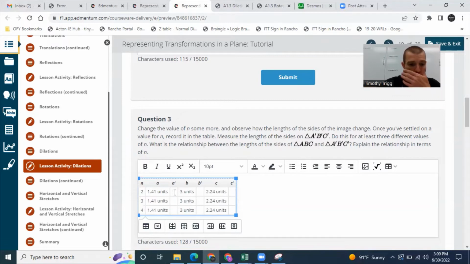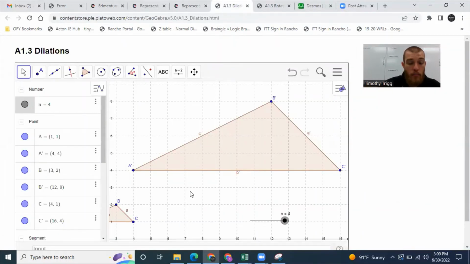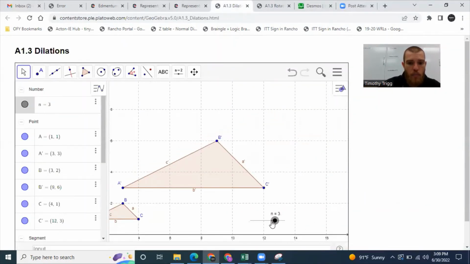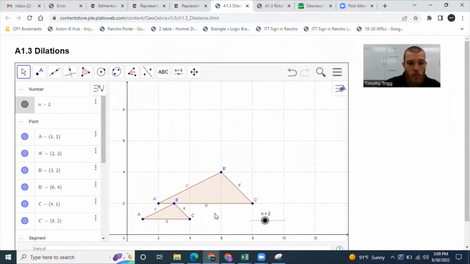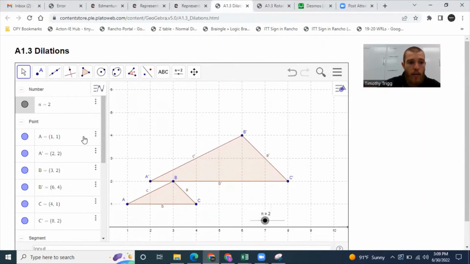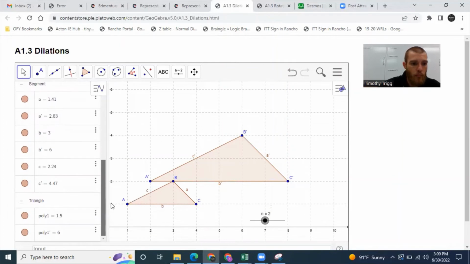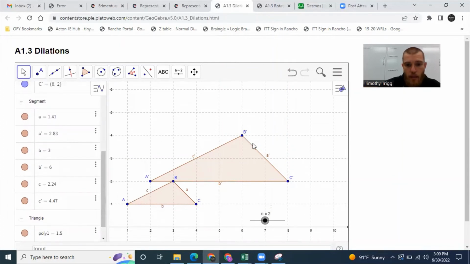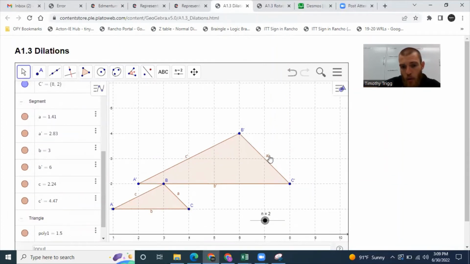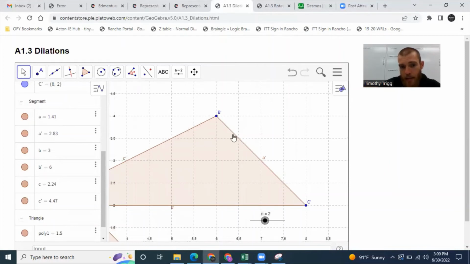That's fine. Then we want to find the length of the sides of our image. So first, let's go back to a scale factor of 2. What we want to find are the lengths of the side lengths of lowercase a prime, like this side length.